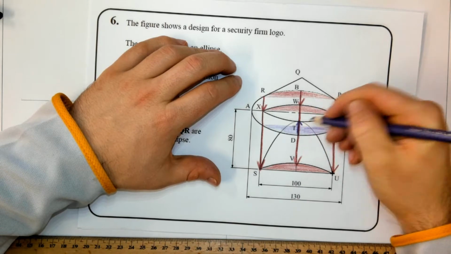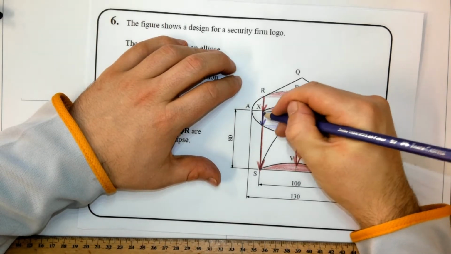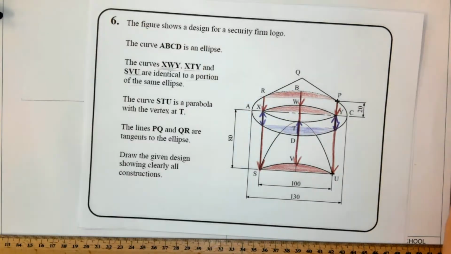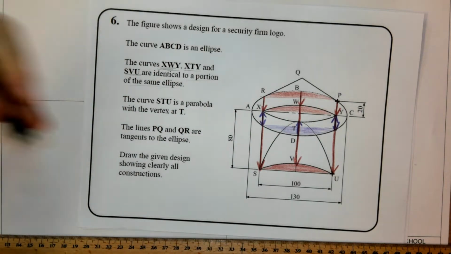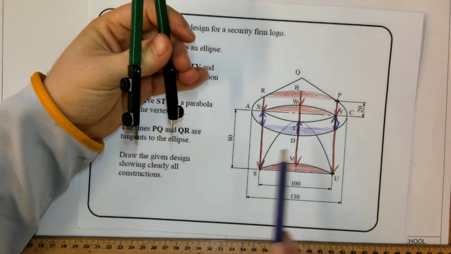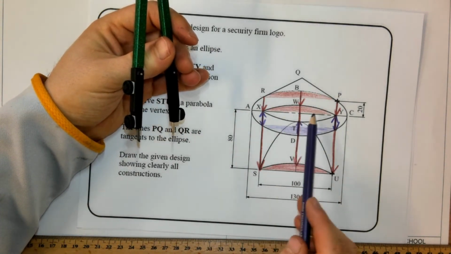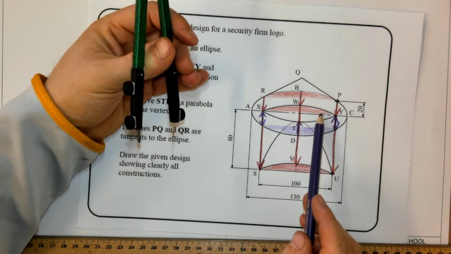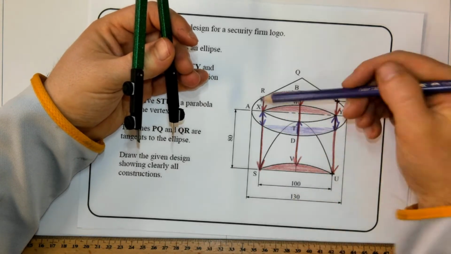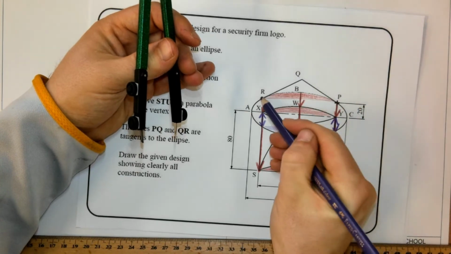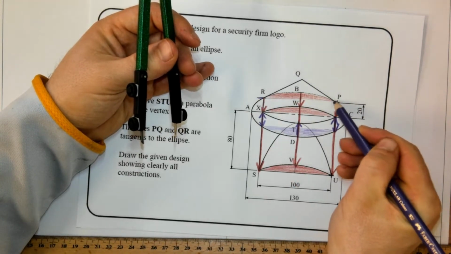So how are we going to do this? Right, we're going to take our compass and our set square. We're going to measure over 50 right and left, and we're going to go up and segment out that section.